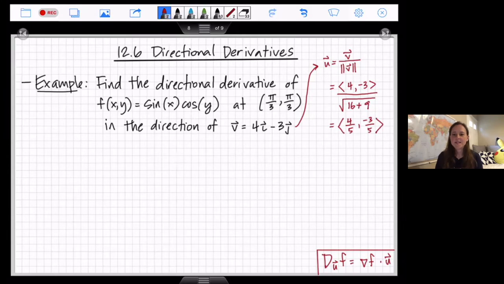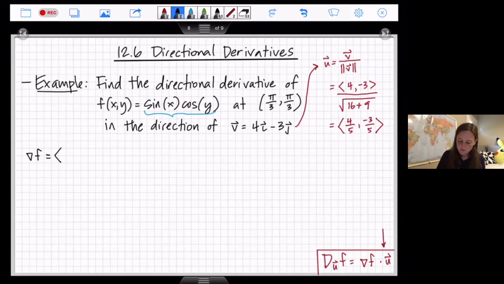All right, so looking down at our red box, we're going to dot that vector with the gradient at our point. So let's calculate the gradient. Our gradient, we're going to take the partial derivative of sine x times cosine y with respect to x. So when I'm taking the derivative of my function with respect to x, the cosine y is just a constant.